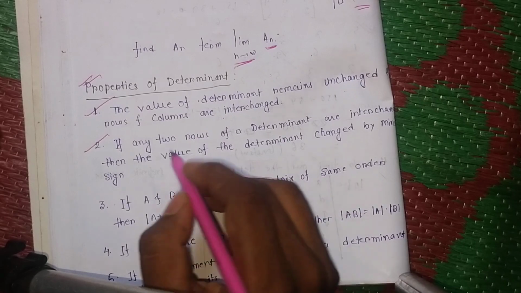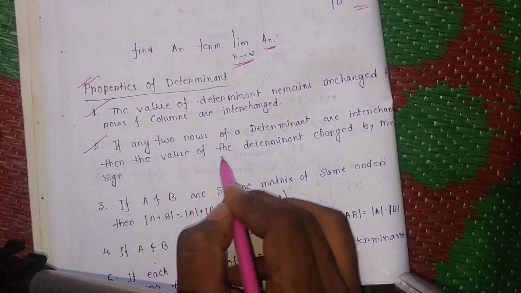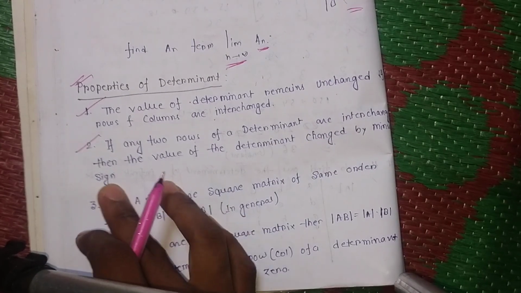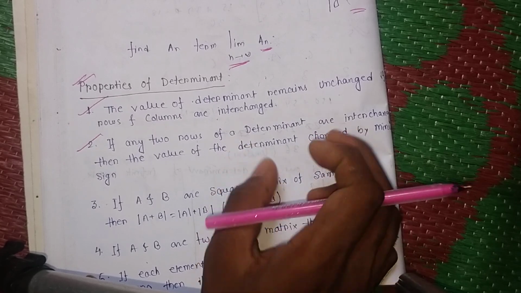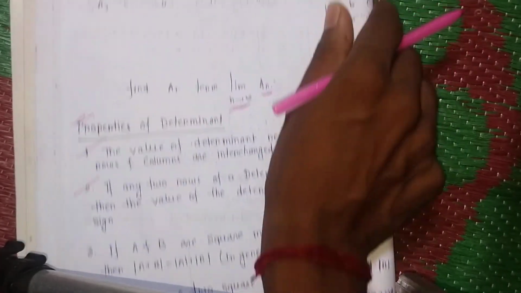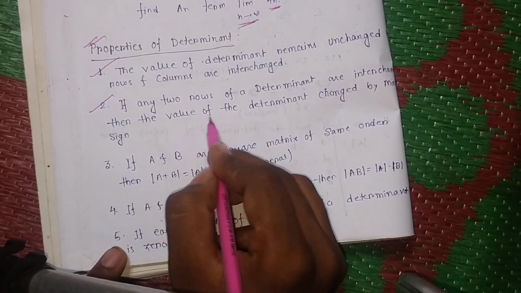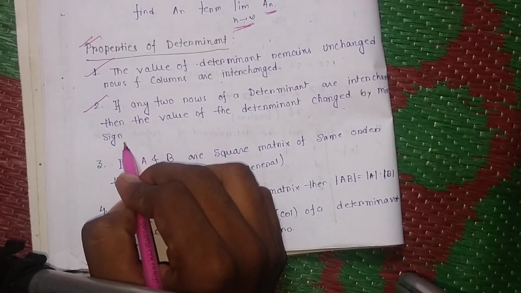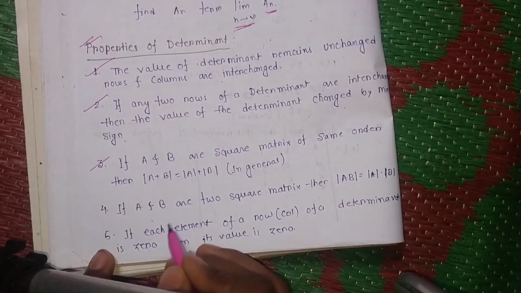Second: if any two rows of a determinant are interchanged, then the value of the determinant changes by its sign. That means the value is the same but the sign is changed. If it is plus, then minus; if minus, then plus.